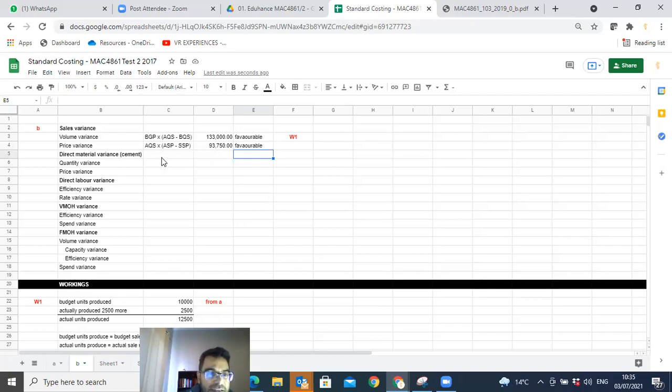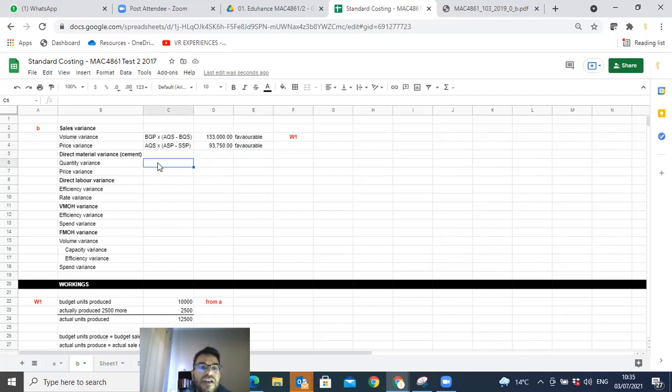Now we can get direct material quantity variance. Remember, for the quantity variance, we're comparing actual quantity to standard quantity, and then we hold the price constant. Which price do we hold constant? The standard price. Here is where we have to flex the budget.